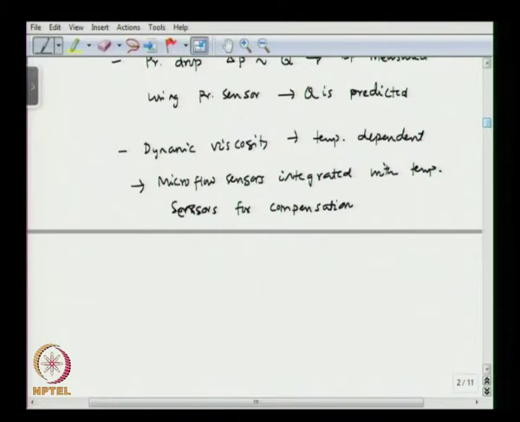And based on the principles, two principles are used to measure the pressure drop. So, two principles used to measure delta P. One is capacitive and the second one is piezo-resistive, okay.